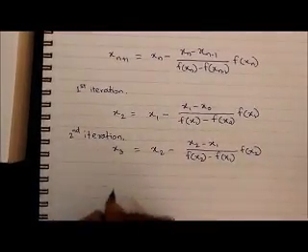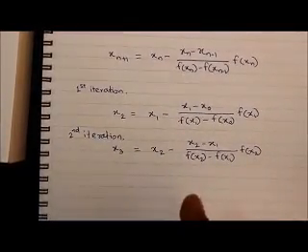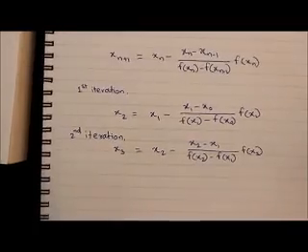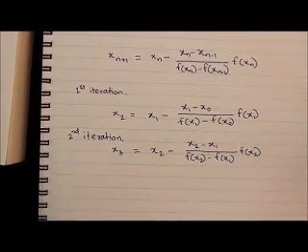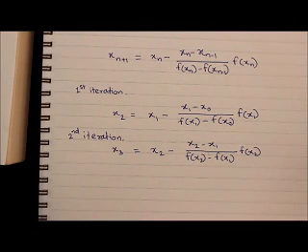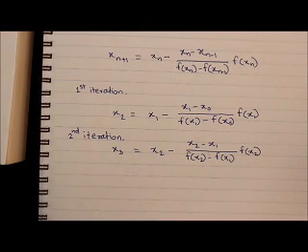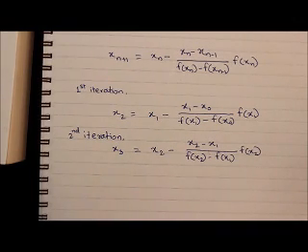And so on and so forth until you reach the number of iterations that you chose, or if they have asked for accuracy up to 3 decimals, then until you get 3 decimals accurate for 2 consecutive iterations. Okay, so that is what's supposed to happen.